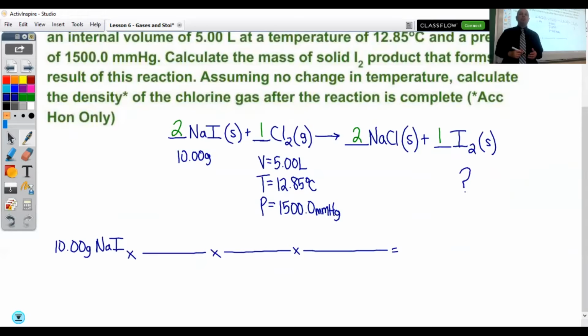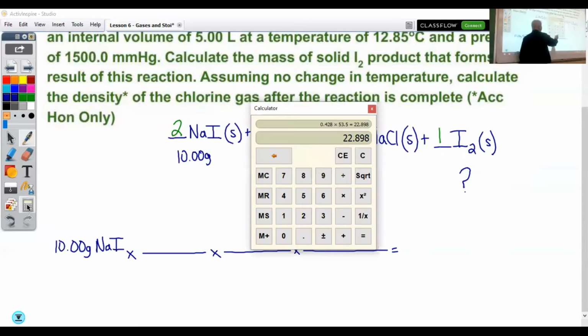So we're going to need to know the molar mass for sodium iodide. First, the molar mass for sodium is 22.99 plus the molar mass for iodine, which is 126.90. That gives us a molar mass total of 149.89. We're going to put that number on the bottom so that grams of sodium iodide will cross out.